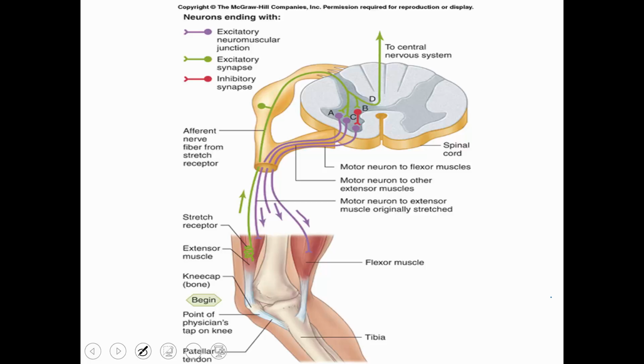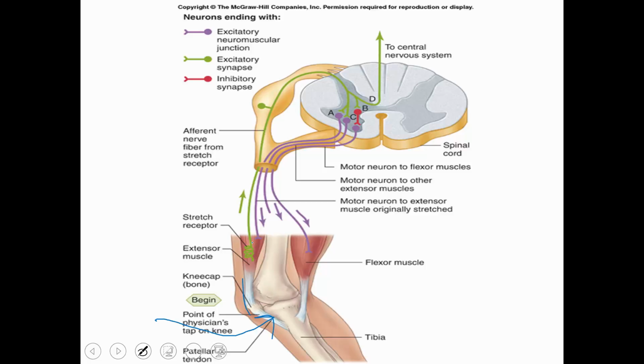So here we can have a physician or a physician assistant or a nurse practitioner. It's going to take a hammer and hit somebody on this little tendon. Why do they do that? Because this stretches over the patella and ends up stretching the quadriceps.